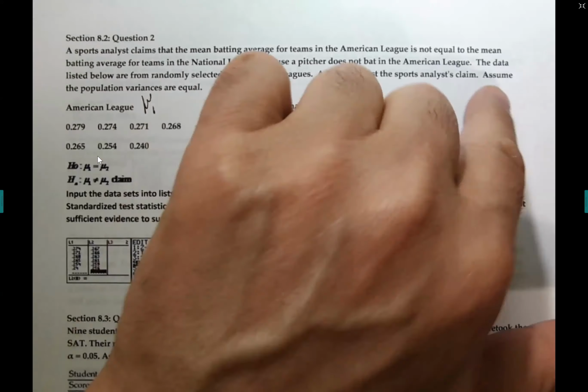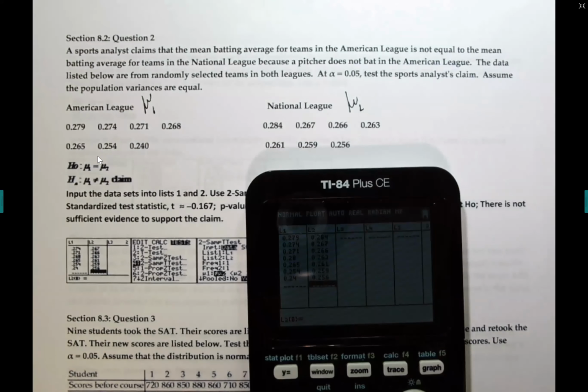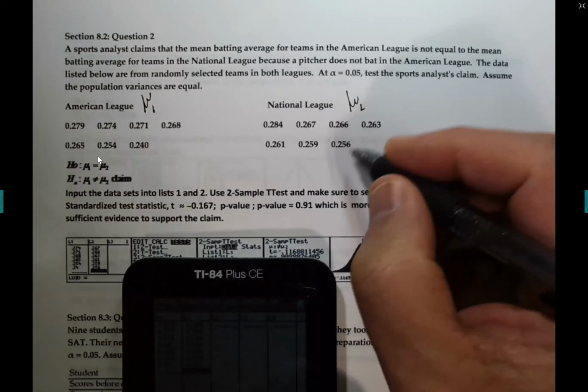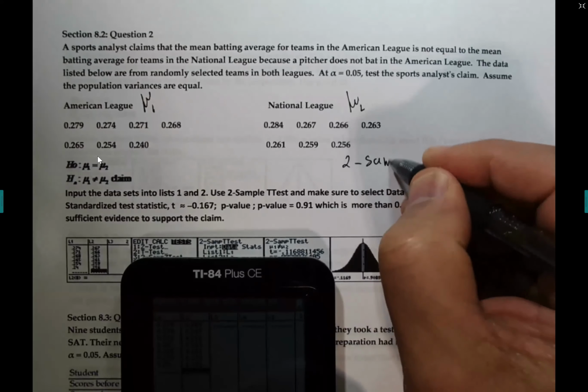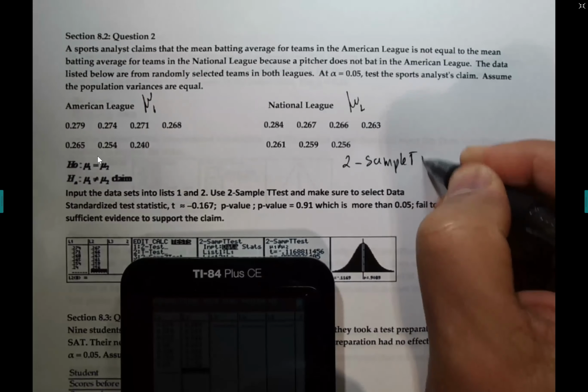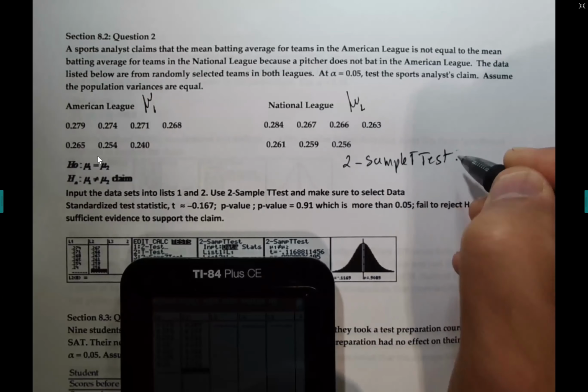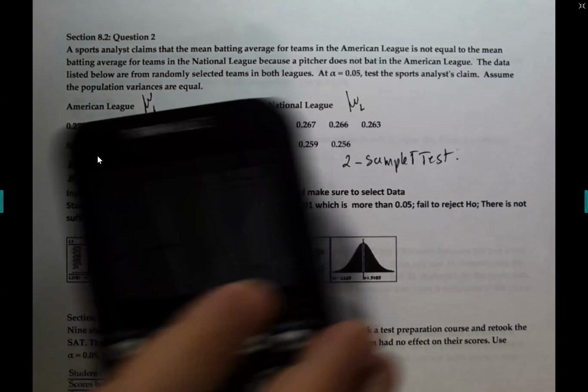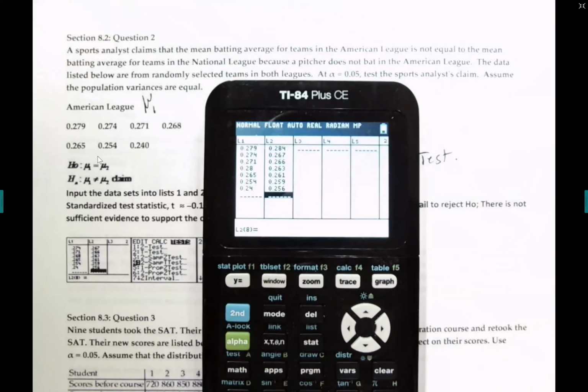Okay, he says assume population variances are equal. Once he makes this assumption of equal, not equal, that's a pooled test, guys. So that means it's a two-sample t-test. He didn't mention population standard deviation, so this is a two-sample t-test. Okay, let's perform the test and I'll show you how to do it.